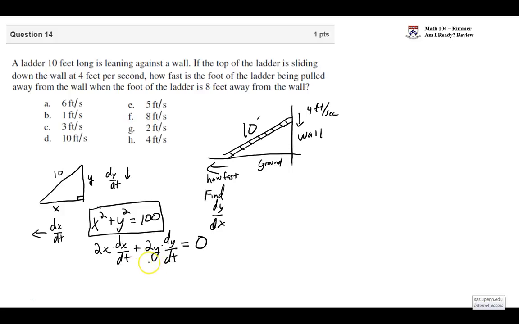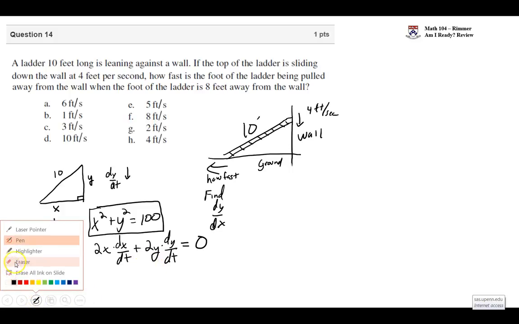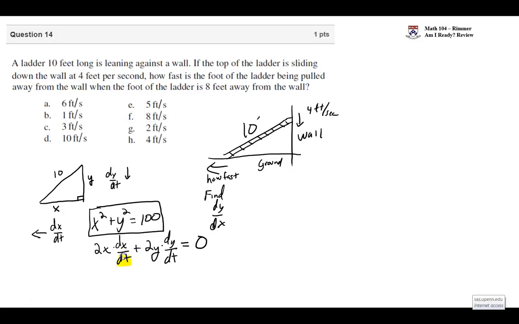And we have to plug the players in. We are trying to find dx/dt, and apparently we're going to need the other three guys: the x, the y, and the dy/dt. They tell us x.